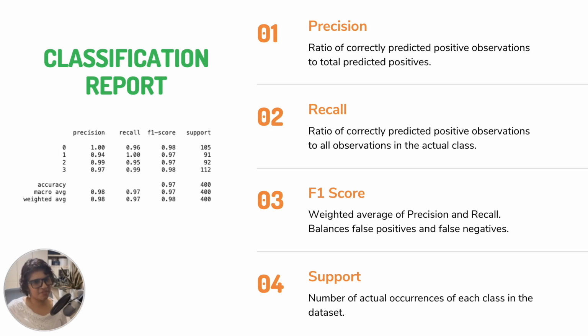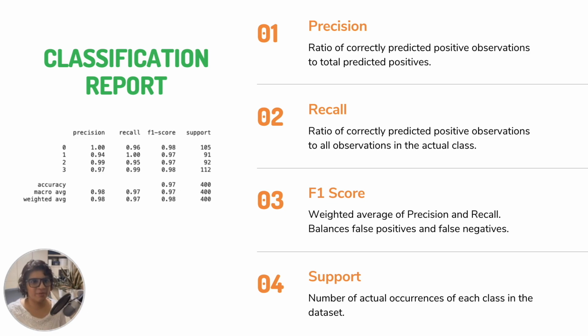First is classification report. Precision is the proportion of positive identifications that were actually correct. It means it's the measure of accuracy of the positive predictions. Next is recall. Recall is also called sensitivity or true positive rate.